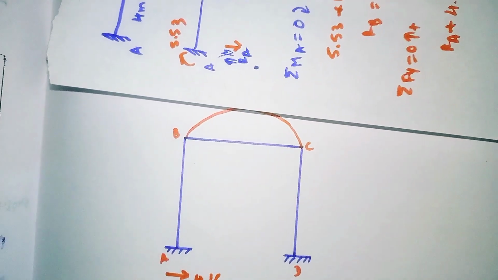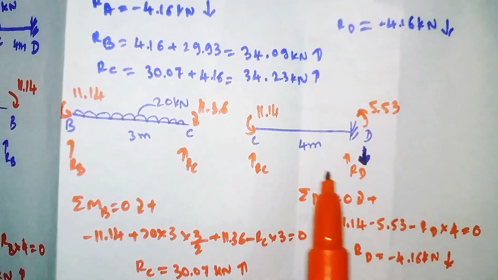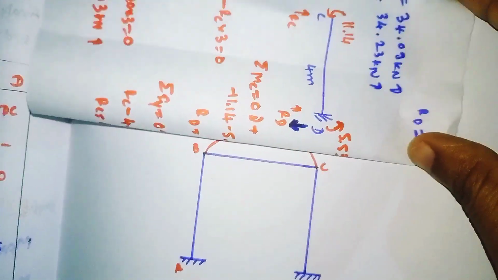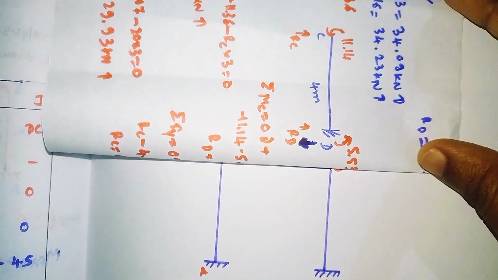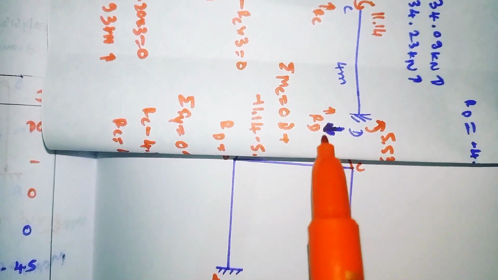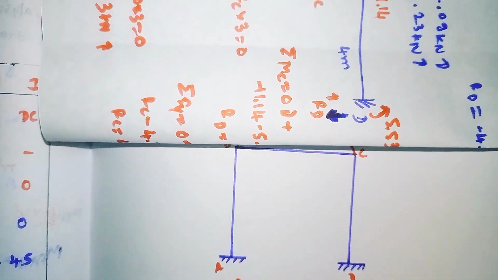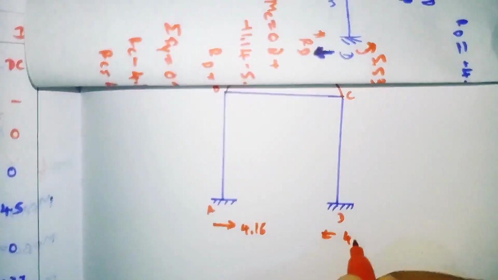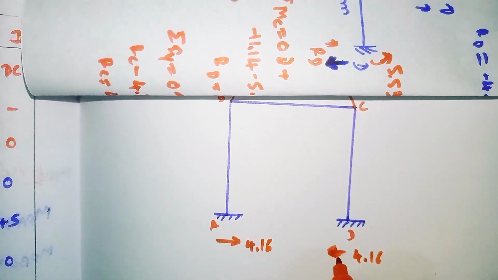And similarly for CD also, if I bring this here, our RD reaction will be like this, in this way, 4.16.